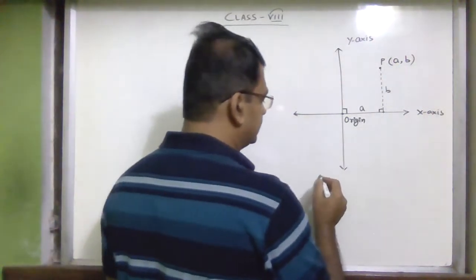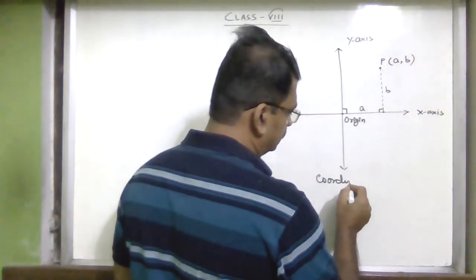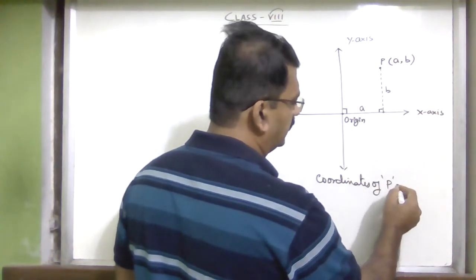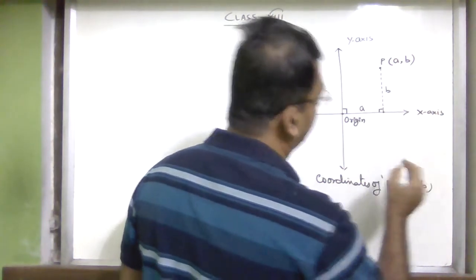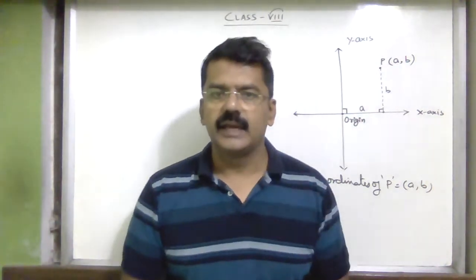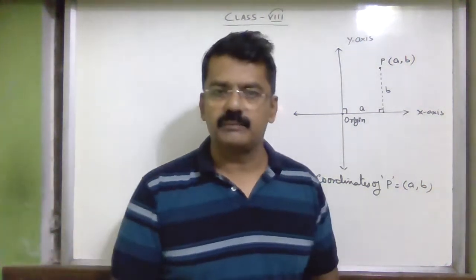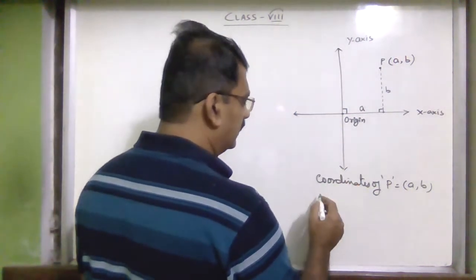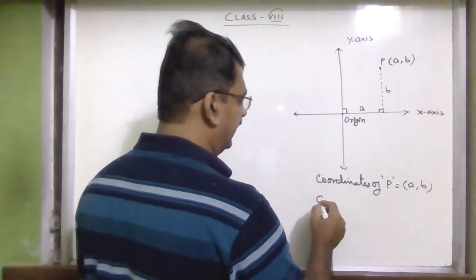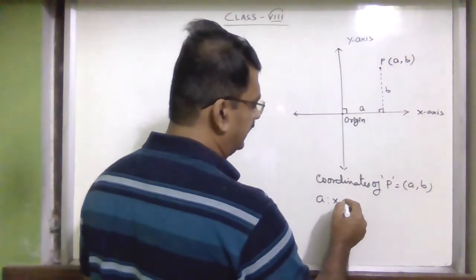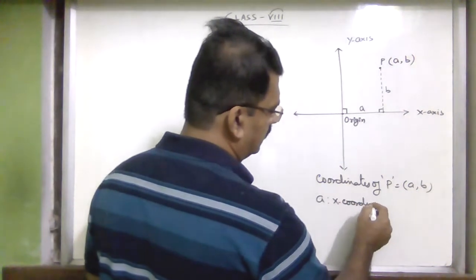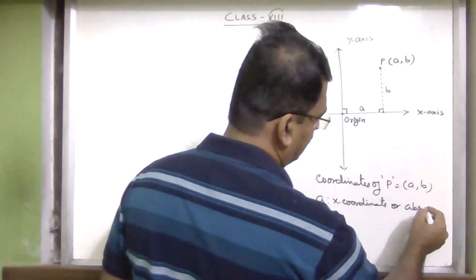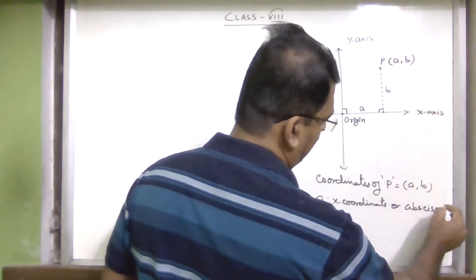Coordinates of point P will be a comma b. Clear? a comma b is the coordinates of point P. Now this a is the x coordinate or abscissa.